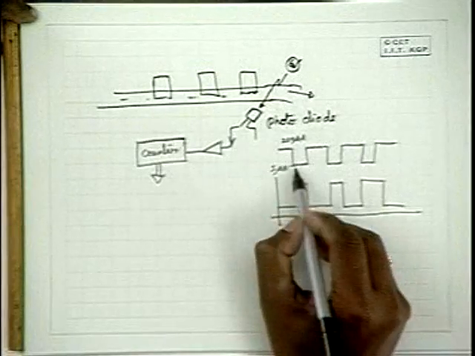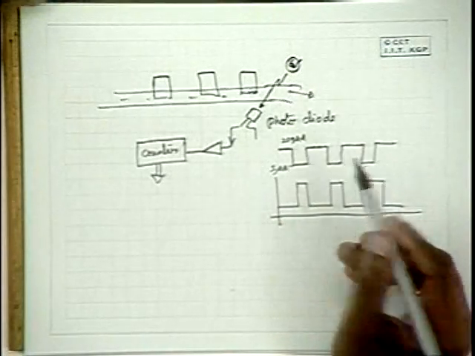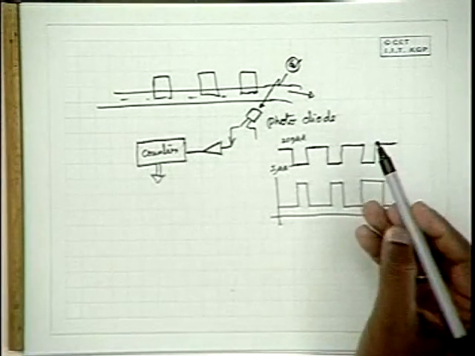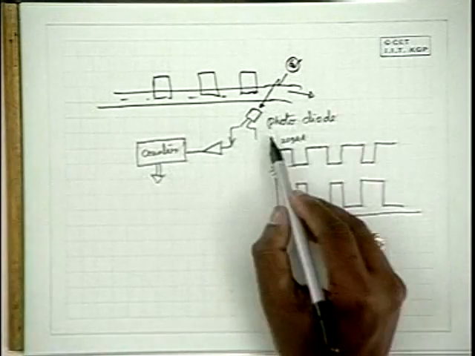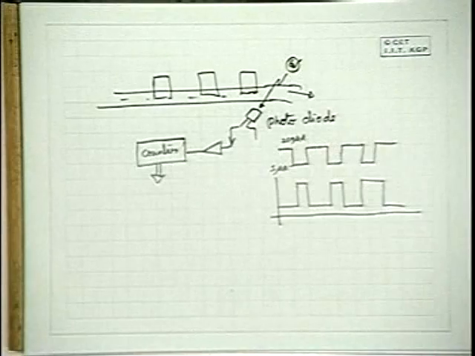Light intensity is turned on and off in digital form. Then at the other end, a photodiode will give you these on-off pulses. When there is light, it gives you an output. When there is no light, it gives you the dark output. And from this, one can get the signal back. It is very widely used in optical communications.